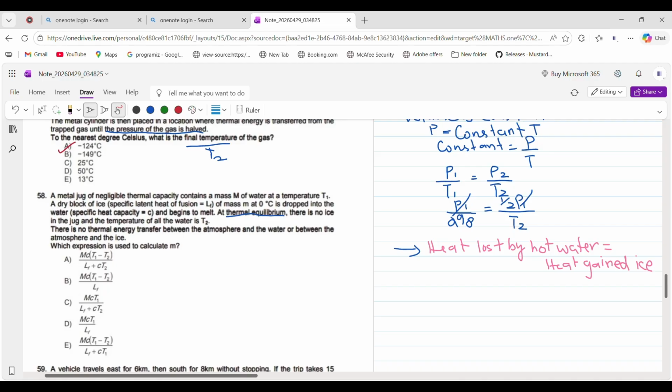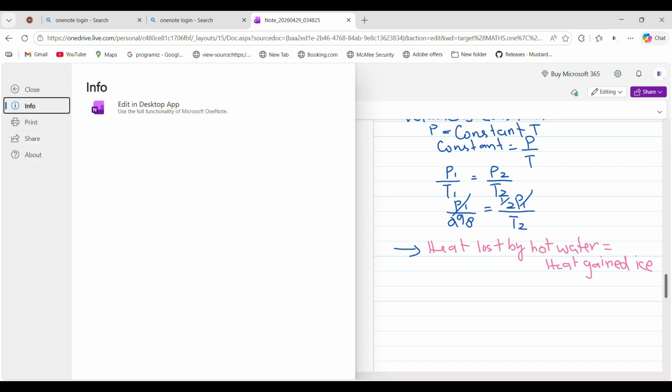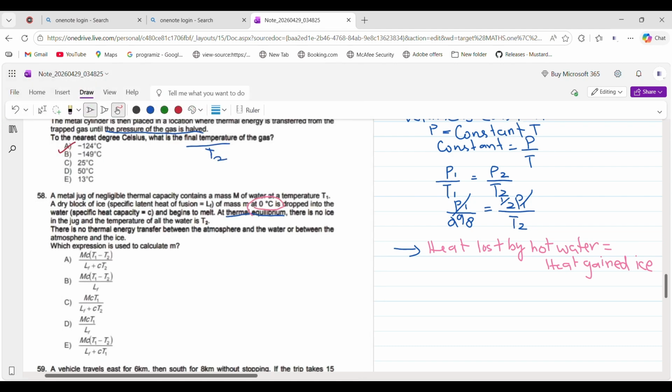First, ice at 0 centigrade is dropped into the water, which means ice is changing its state into water. The energy required to change the state of a matter from one form to another is latent heat.